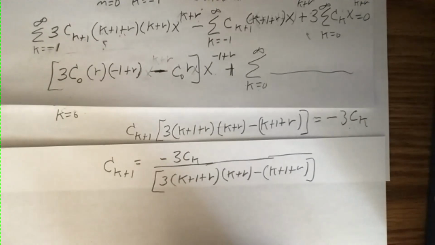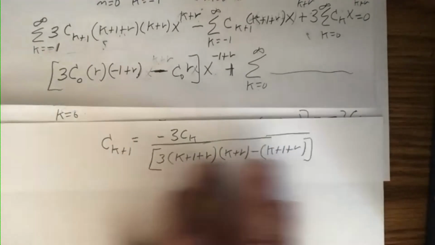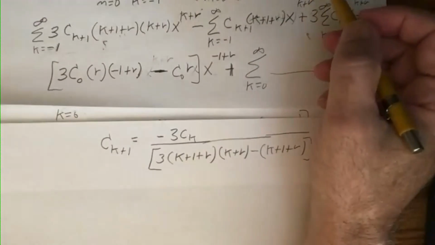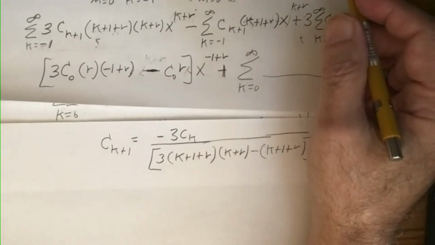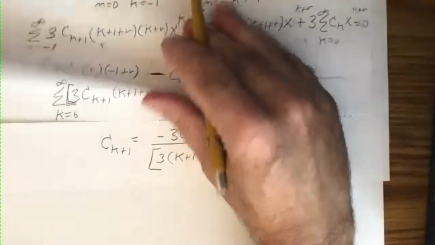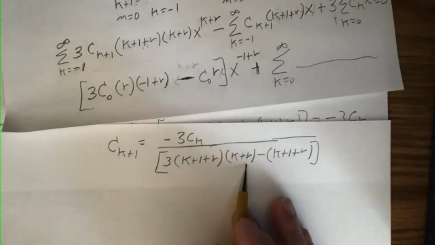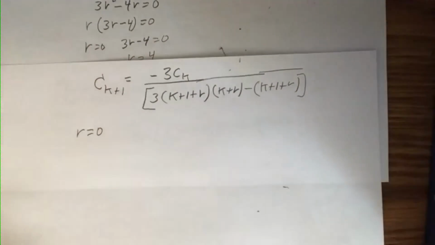So this is the recursion relationship, but I'm going to get two recursion relationships, because I'm going to get two linearly independent solutions. One is for r equal to 0, and the other is for r equal to, what was it, 4/3? Yeah, 4/3. So first I put r equal to 0 in here, and I get rid of this.